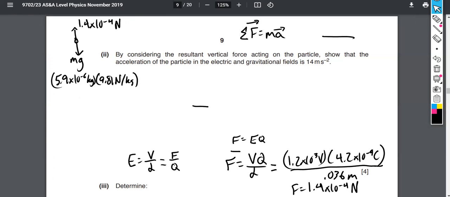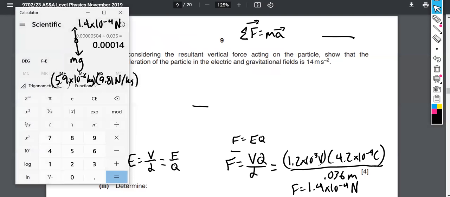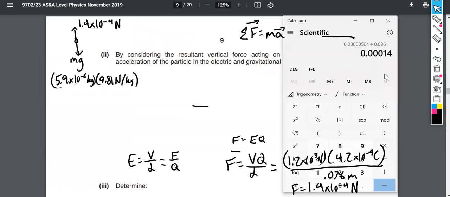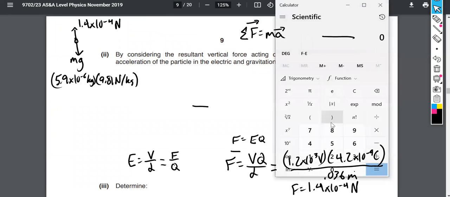Let's do that calculation also on the screen there. All right, so we've got 5.9 by 10 raised to the negative 6.